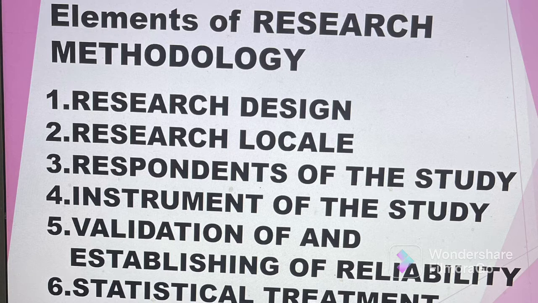There are universities and colleges that put it in chapter 2, but in some other formats like the Modern Language Association, they put it in chapter 3. But there are also universities and colleges which just put research methodology as a part of chapter 1, which is the problem.